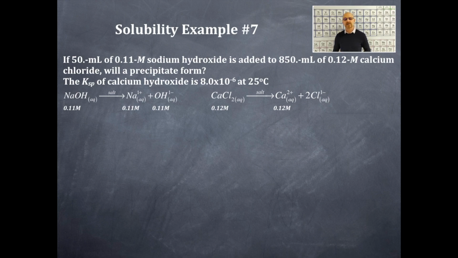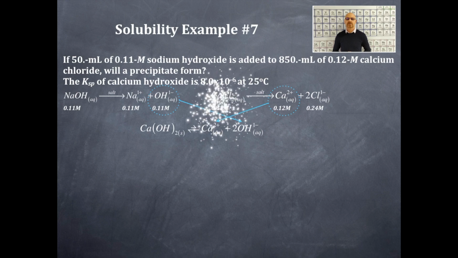The chloride ion concentration is twice that of the calcium chloride concentration because the stoichiometric coefficient on the chloride is a 2. But I really don't need to worry about that because my insoluble precipitate is calcium hydroxide. My hydroxide ion concentration is right here, and my calcium concentration is right here.